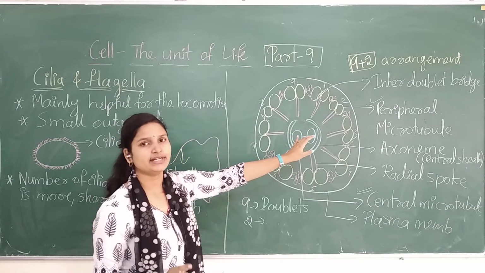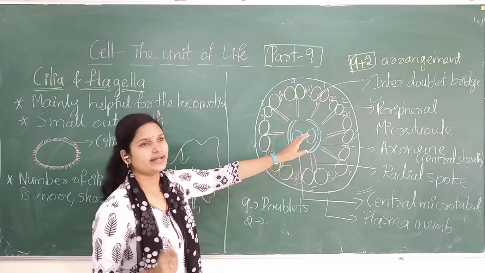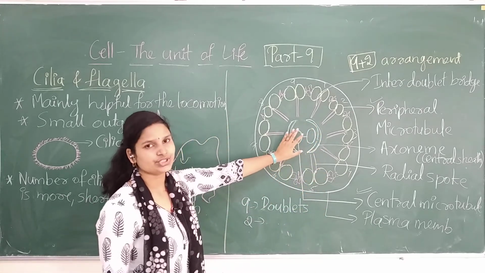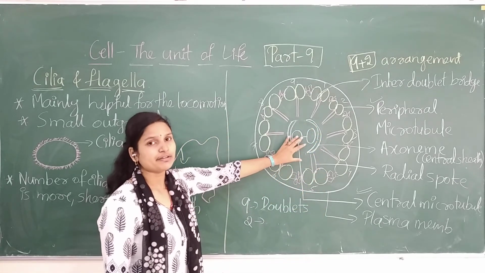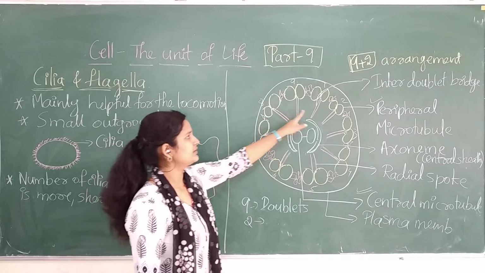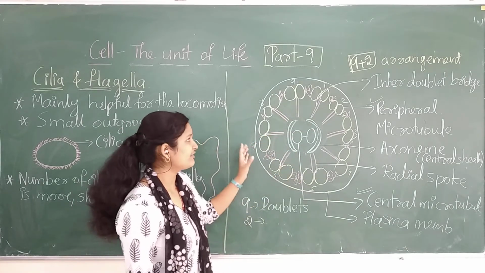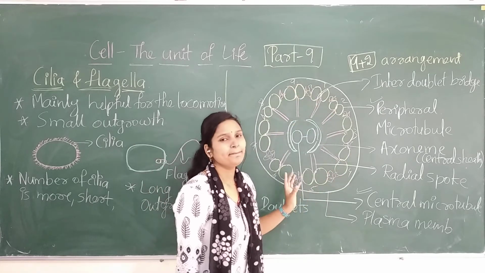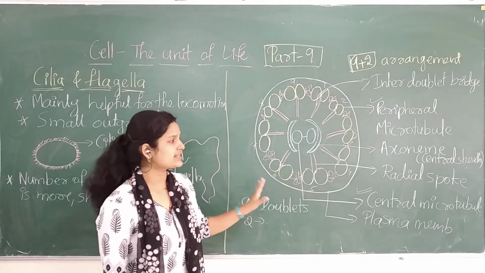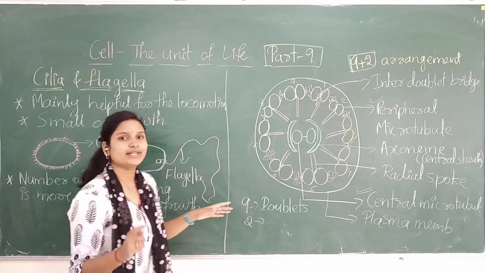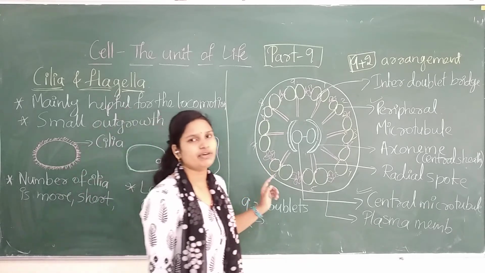That's why we call it 9+2 arrangement. And this core part we call central sheath or axoneme, very important. And these connections we call radial spoke, which is enclosed in a plasma membrane. This is all about the proteinaceous part of cilia and flagella, and this is very important.